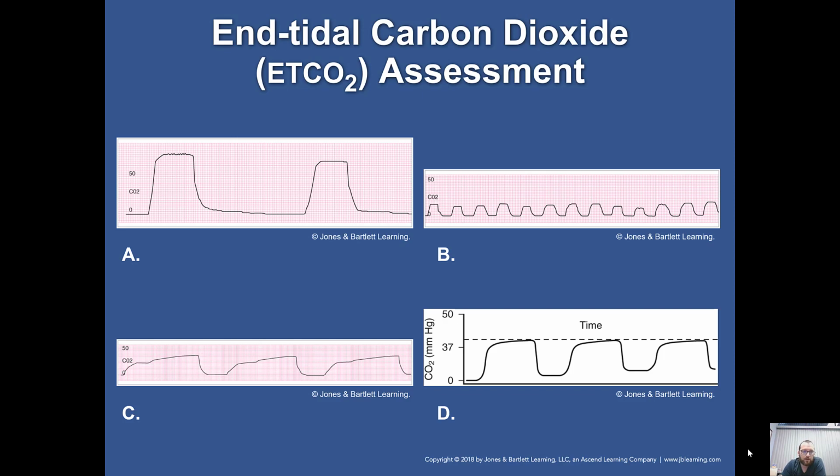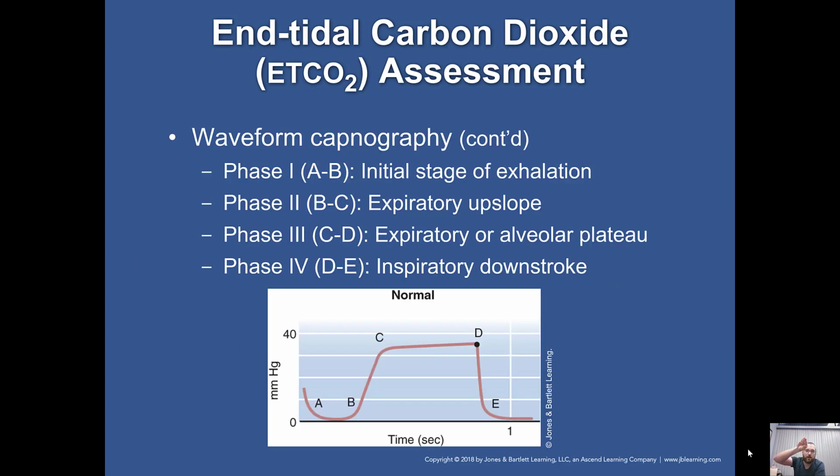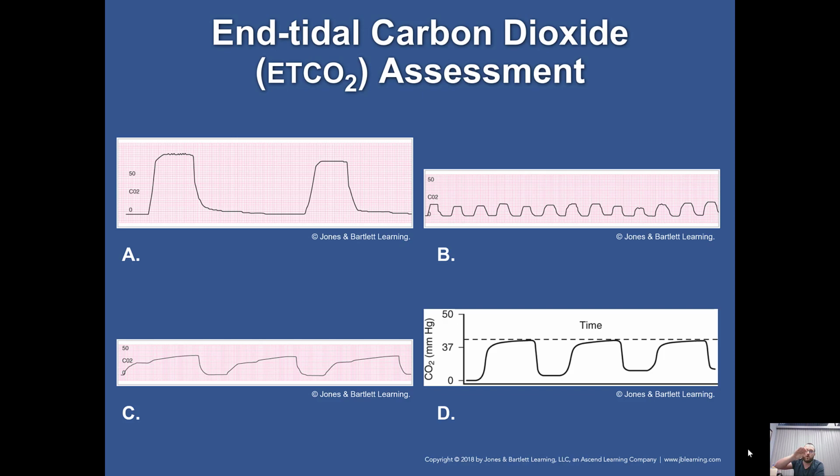C, sometimes you'll hear people say a shark fin type appearance, right? If you think about the fin of a shark over the ocean, where instead of our nice quick uptick for the wave, and then it flattens out and goes down, in C, it's more of a gradual upswing. Those are generally your bronchoconstriction asthma patients who will look like C. The issue is they're having a hard time getting the air out.